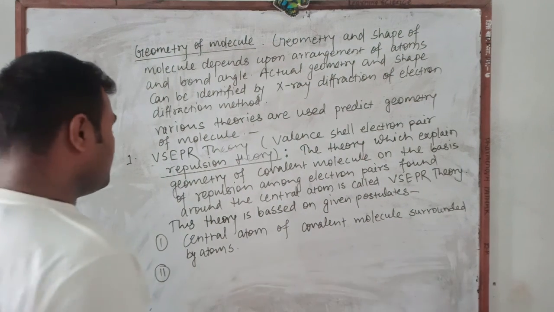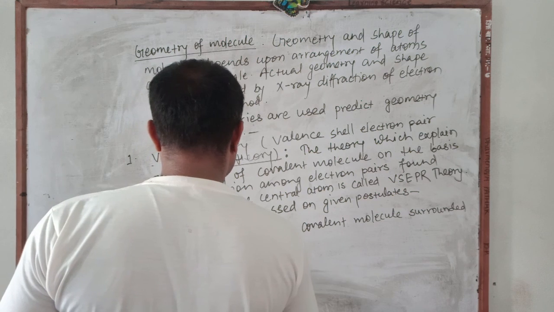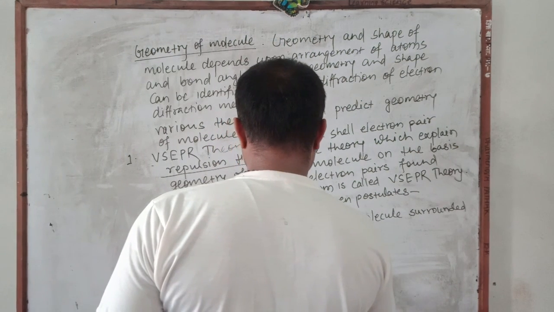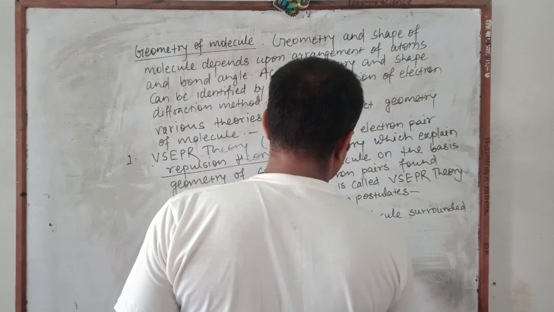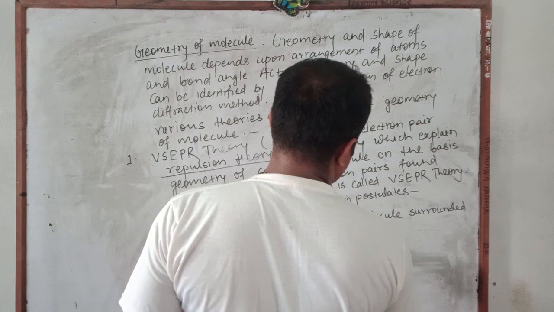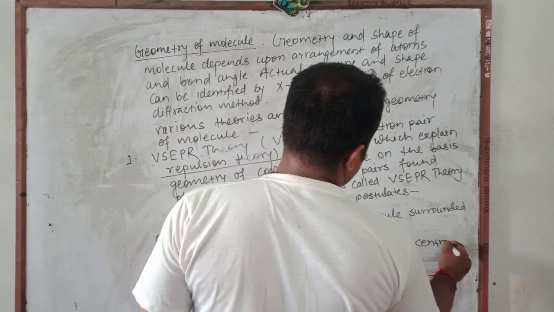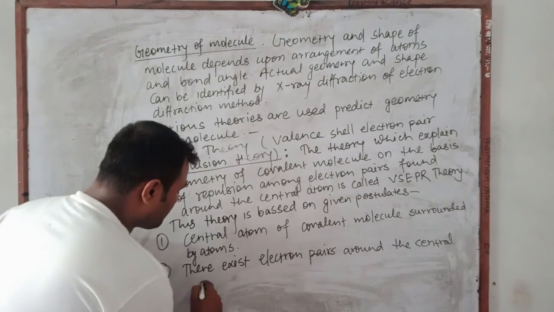Second, there exist electron pairs around the central atom. The central atom remains surrounded by electron pairs.